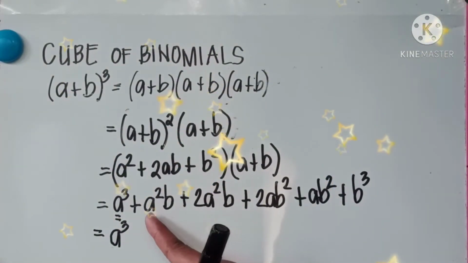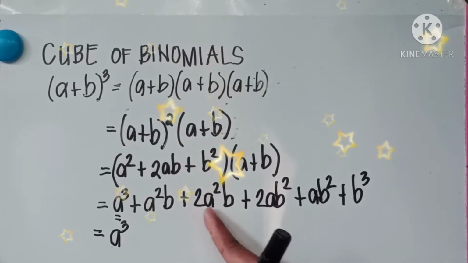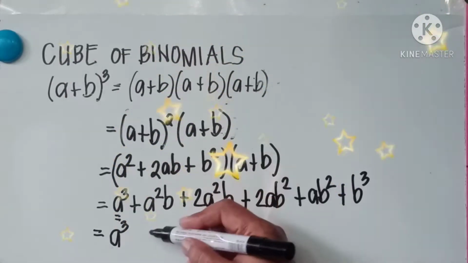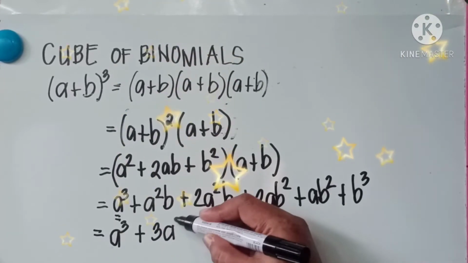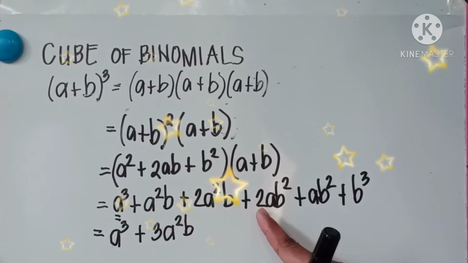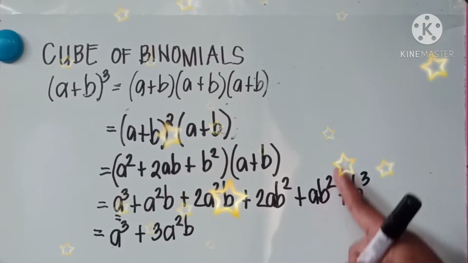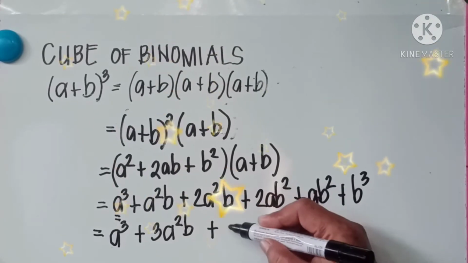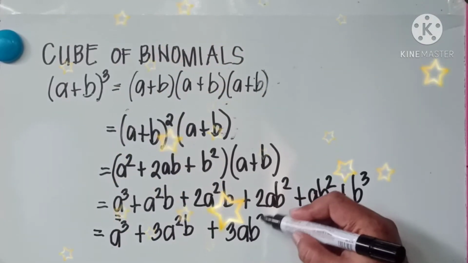Then a squared b plus 2a squared b is equal to 3a squared b. Then 2ab squared plus ab squared is equal to 3ab squared.